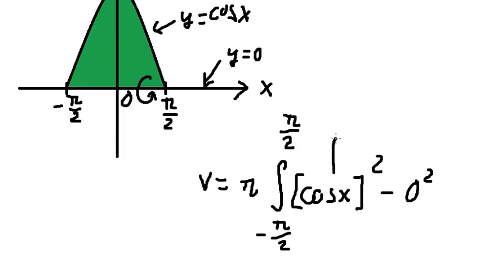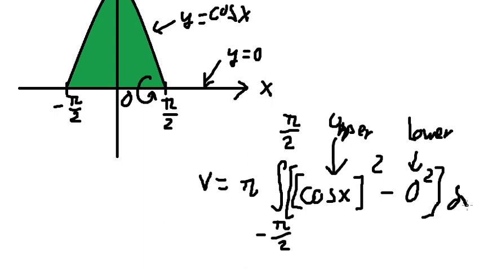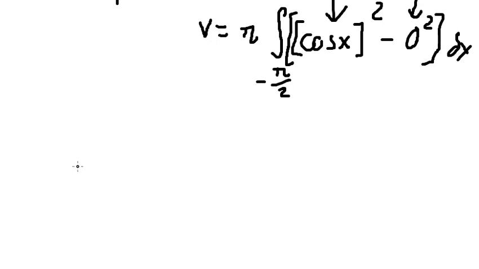So this is the upper function to the power of 2 minus the lower function. We simplify and we get this.